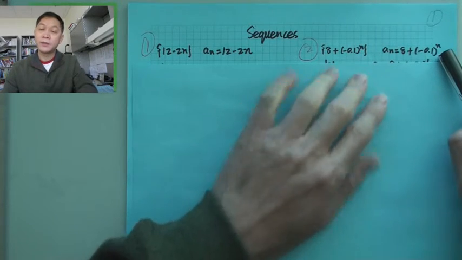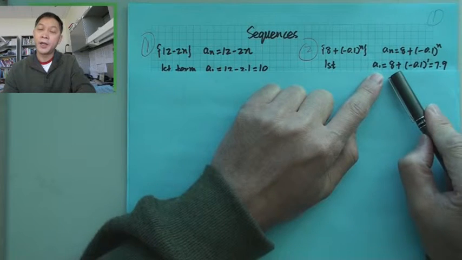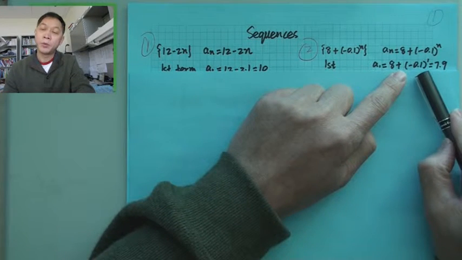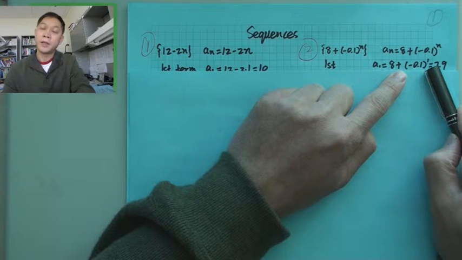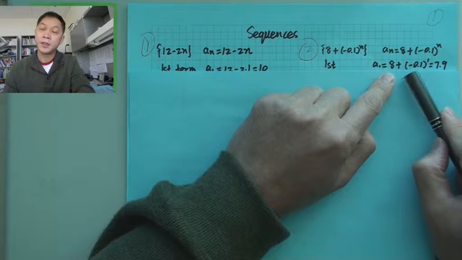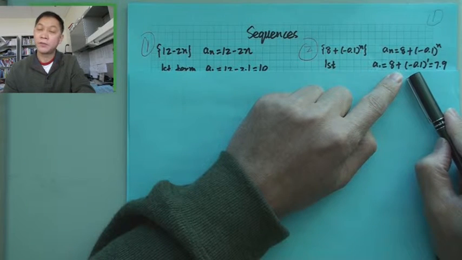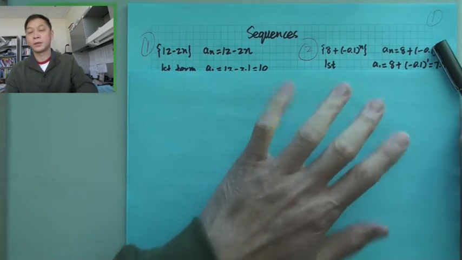So for the first term, a1, you have 8 plus negative 0.1 to the first. Then to the first is basically itself. So it's 8 plus negative 0.1, which is 7.9.